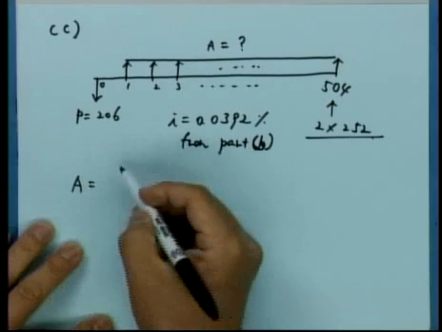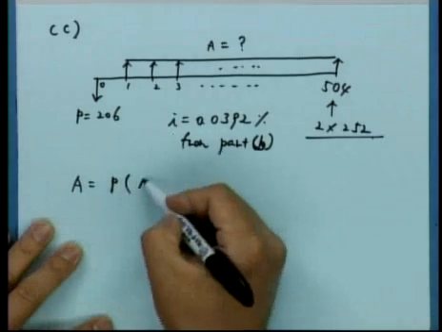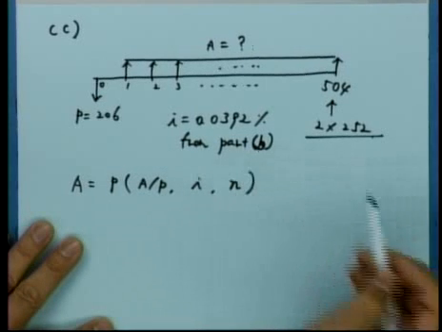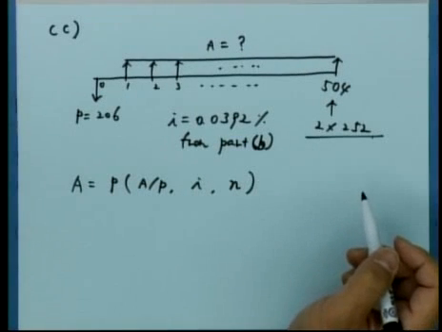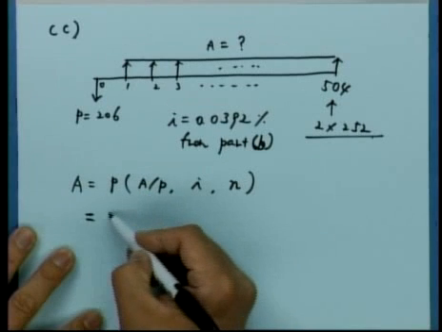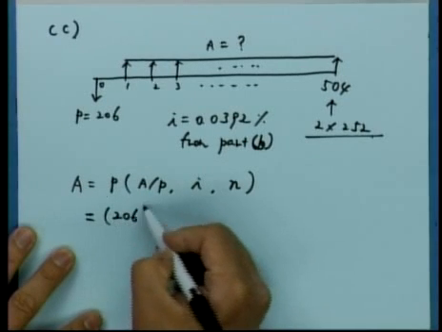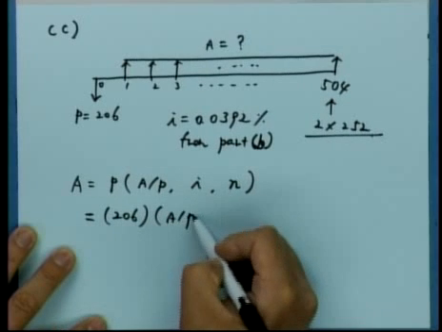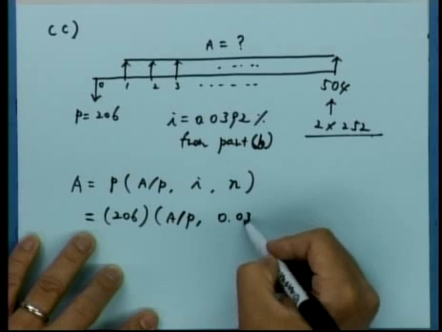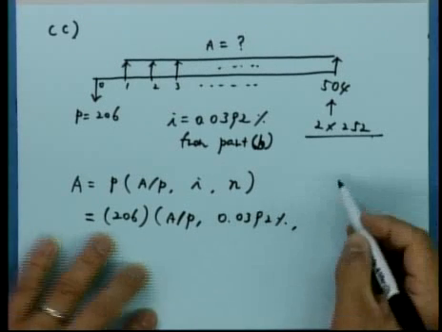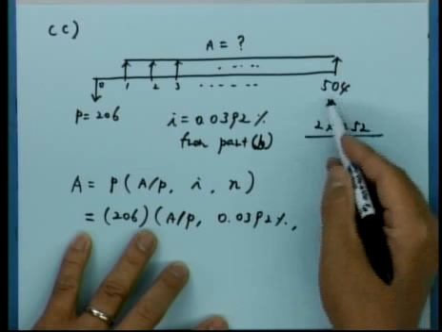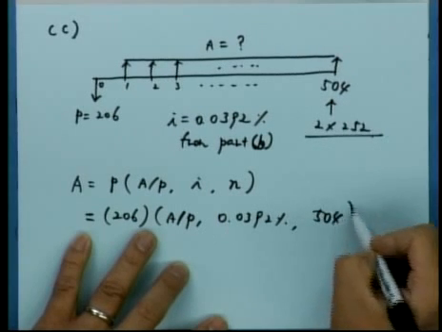A equals P times A given P, I, over N. So it's going to be 206 times A given P, I is 0.0392%, over 504 periods.